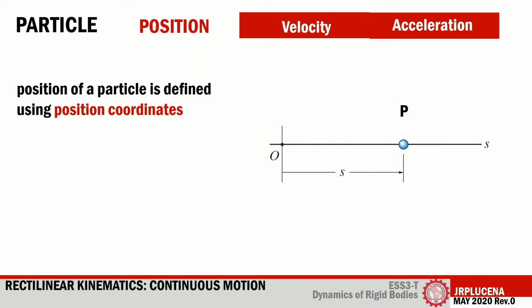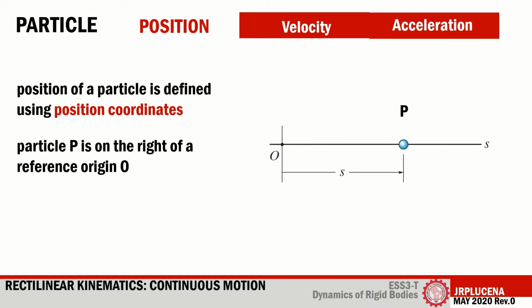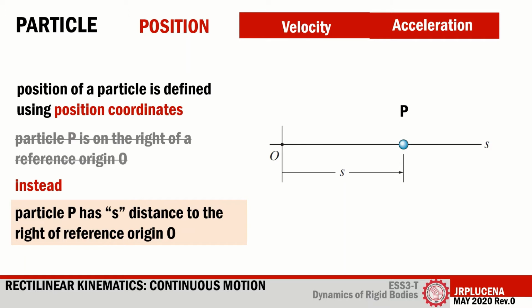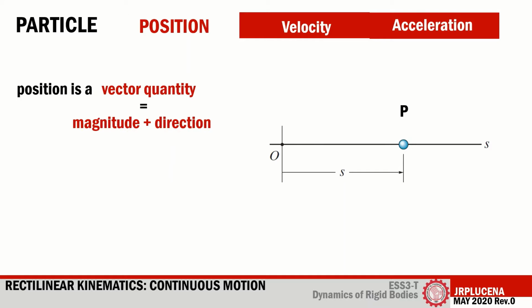So position first. A particle is defined using a position coordinate. We have here in the figure a particle P that is laid in a Cartesian plane. Particle P is on the right of a reference origin O. But in dynamics, we are expected to say that P has S distance to the right of reference origin O. It's because position is a vector quantity, meaning we have to represent position with magnitude and direction.